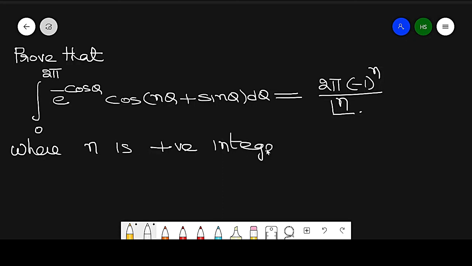So do it yourself by using the same method that we used in this part. What was this method?